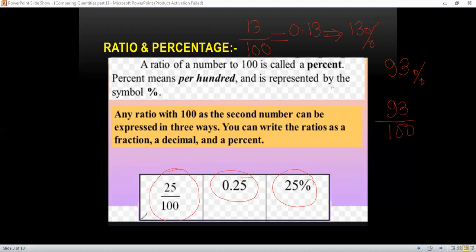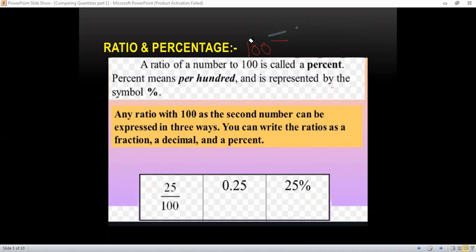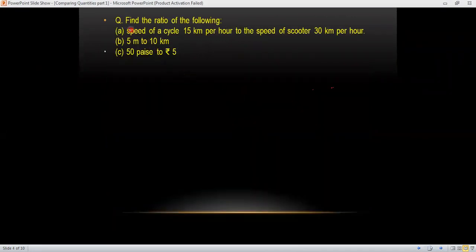Now let's solve a few questions on how we can find a ratio and how we convert a ratio into percent. Find the ratio of the following: speed of a cycle, 15 km per hour, to the speed of a scooter, 30 km per hour.